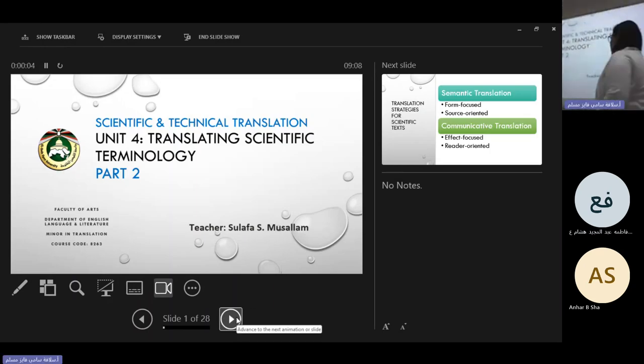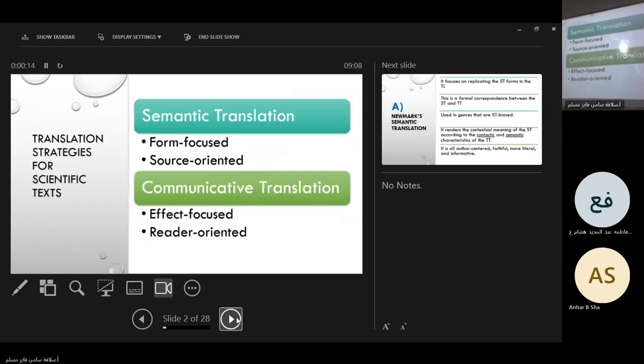All right, you guys. So this is part 2 of Unit 4, Translating Scientific Terminologies. Okay, let's start. So we have some translation strategies that we can use in order to translate scientific texts.